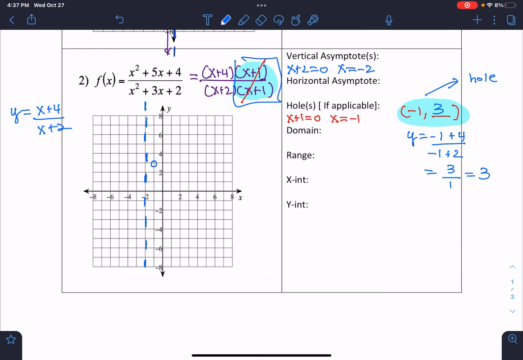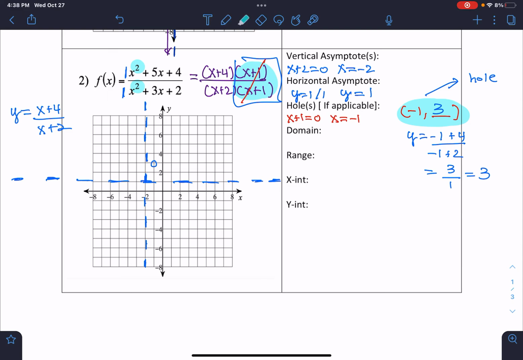Now for my horizontal, this is a 2, this is a 2. So I know to take the leading coefficients and divide them, and we have a horizontal asymptote at 1. And then we have this. Next, I need to find my x-intercept.